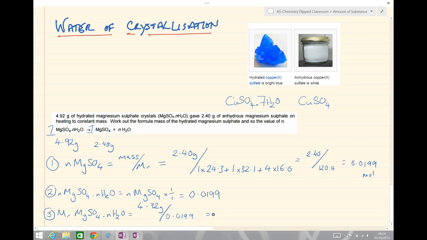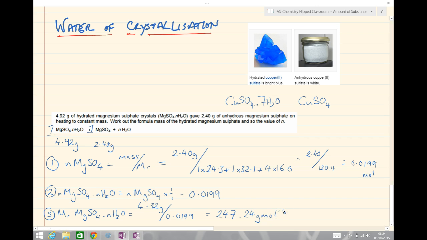If we put 4.92 divided by 0.0199 into the calculator, it gives us an answer of 247.24 grams per mole.